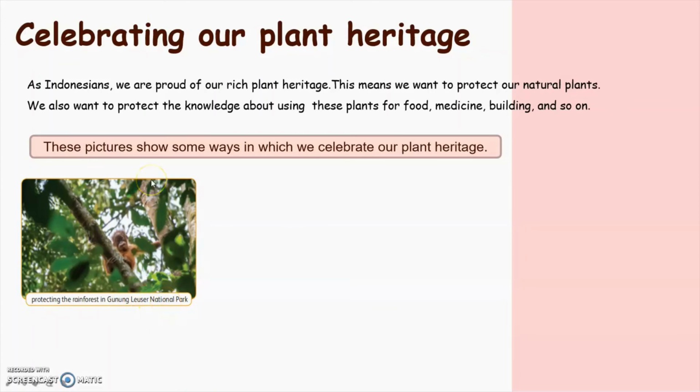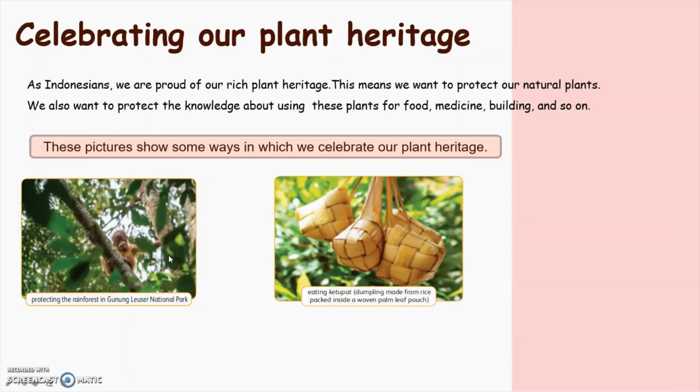In this picture, forest plants or trees are the habitat or home for endangered animals such as orangutan, or maybe tiger, or maybe rhinoceros, and so on. The endangered or rare animals. And then the second one is eating ketupat.